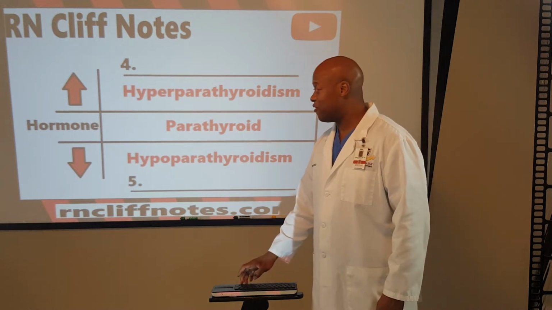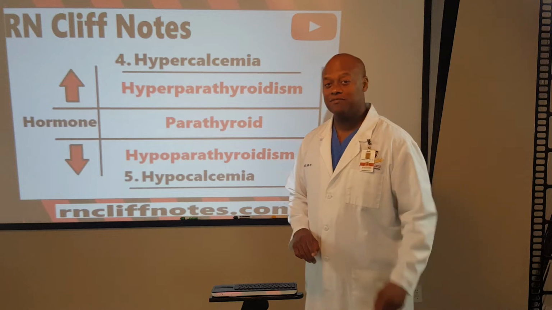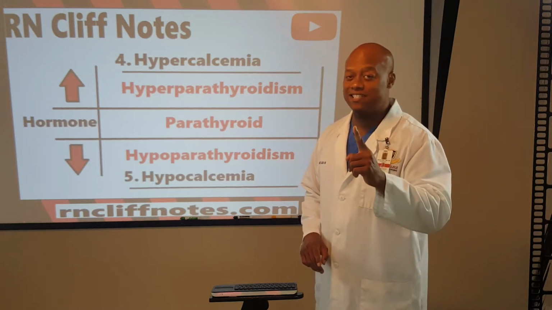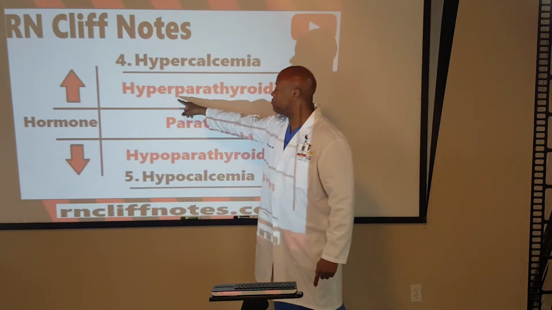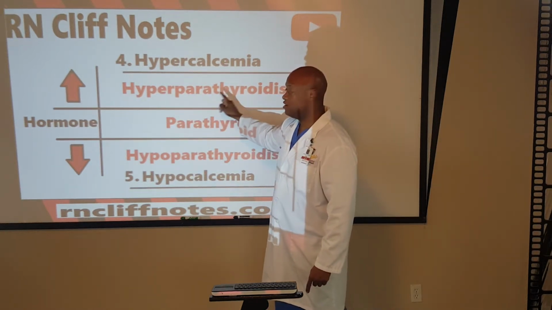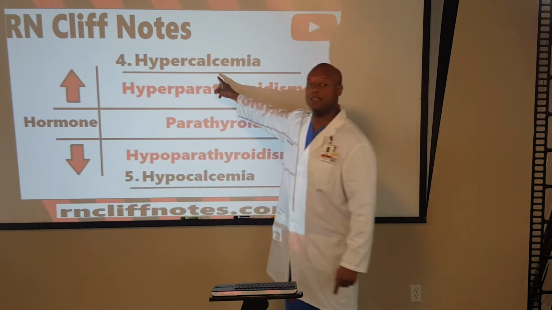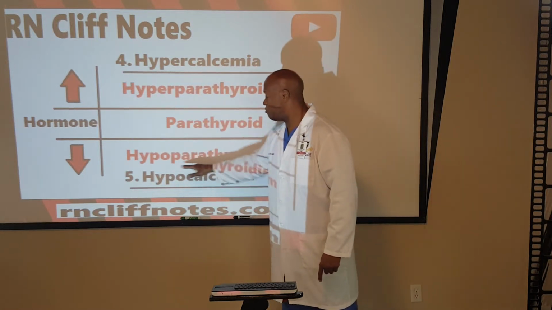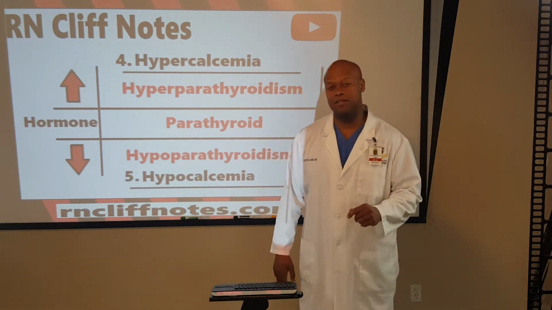Okay? So we got our 4, we got our 5, and here's what you should have. And this part makes it easier, right? Kind of easy to remember, because with hyperparathyroidism, you actually wind up with the patient with what? Hypercalcemia. And with hypoparathyroidism, they wind up with hypocalcemia.